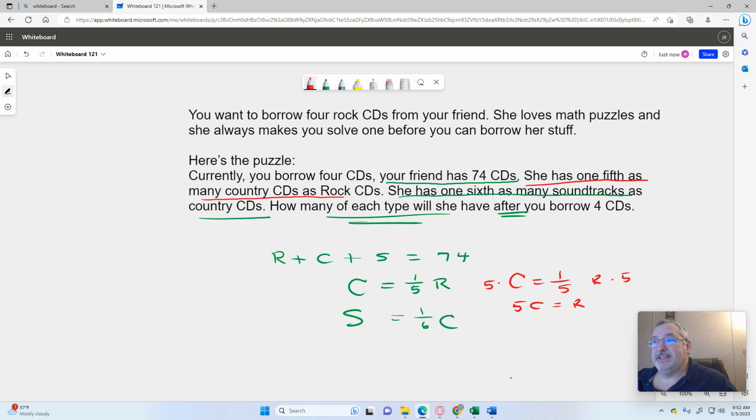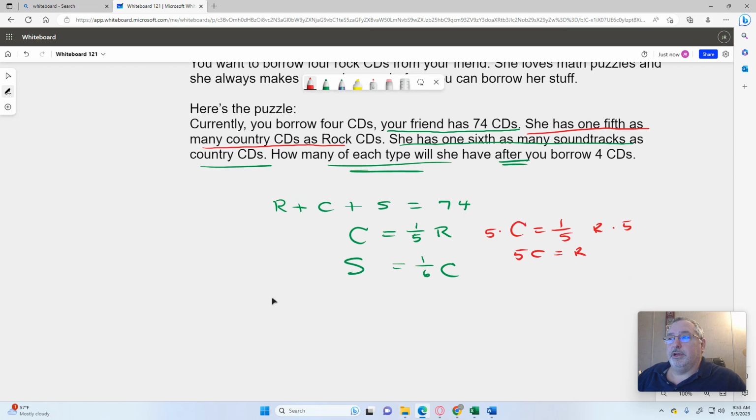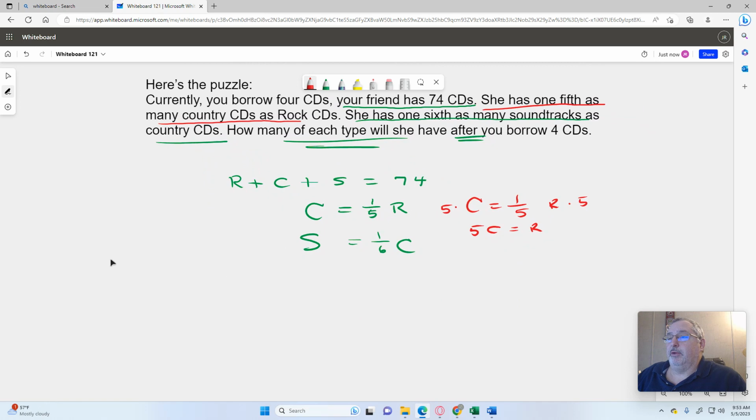So I can use this in my first equation and get rid of R and just have another C. This one's already solved for S, so I can just replace S with 1/6C. That's going to give us a new equation with only one variable, which is the only way I can solve this. So let's substitute R equals 5C.